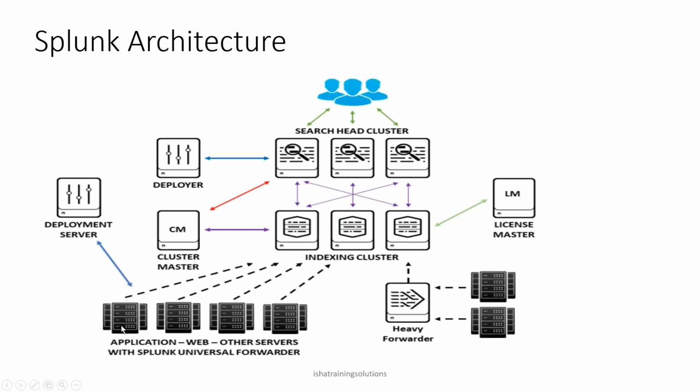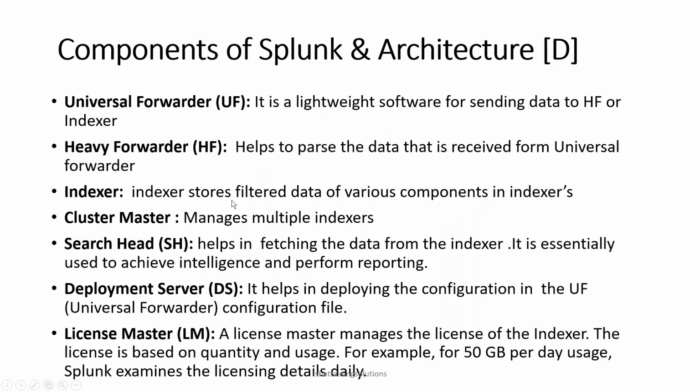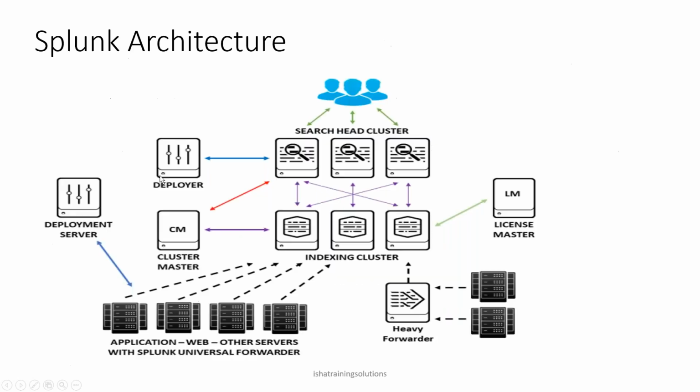This is the source system, which is my application server. In order to get this data into the indexer, we will be installing this universal forwarder on it. And there is something called a heavy forwarder.